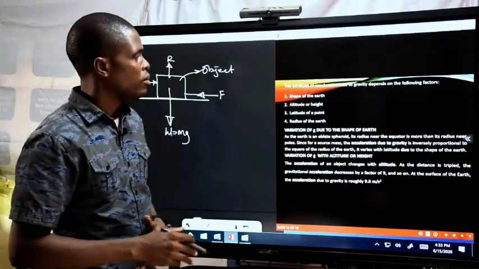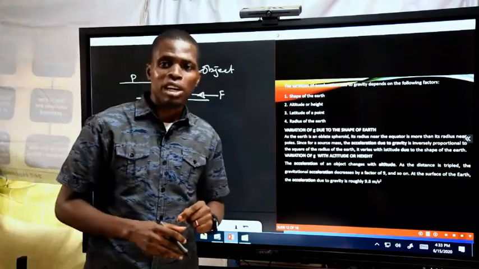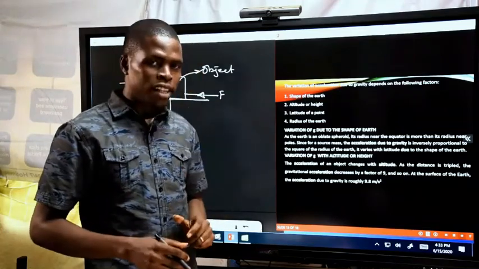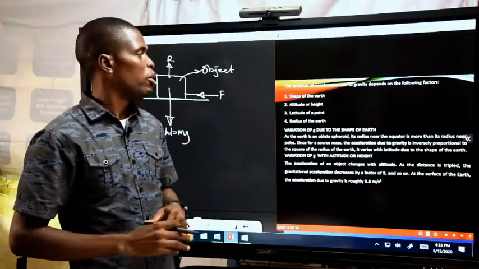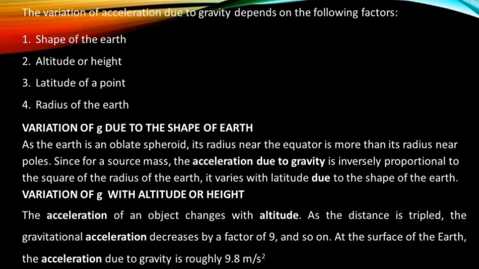Therefore, we can say that acceleration due to gravity is influenced by the following factors. One of them is the shape of the Earth. The next one is the altitude, or what we call the height. The third one is the latitude of a point on the Earth's surface.